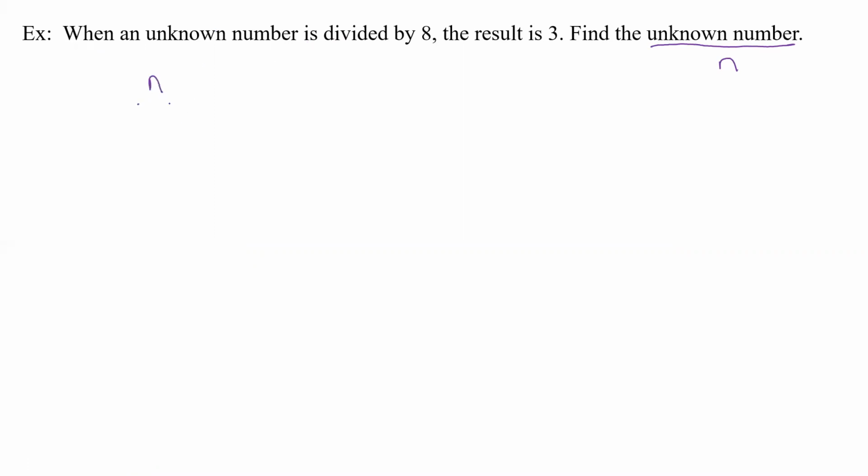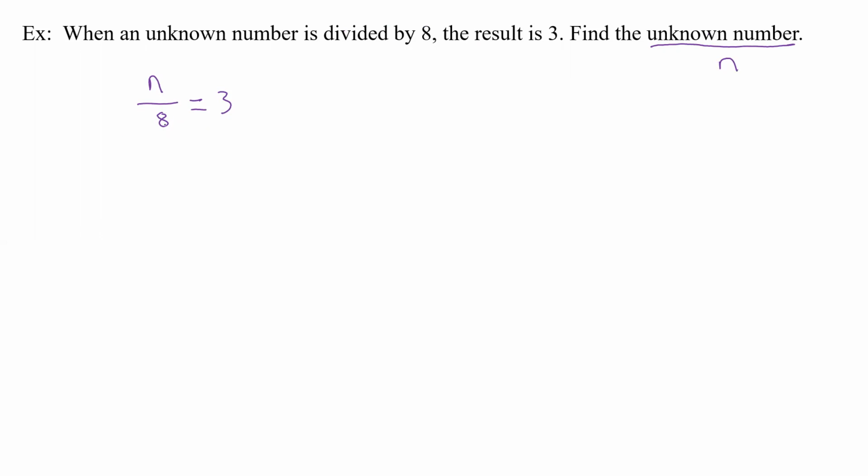So n divided by 8. The result is, and the result is what? Well, that's just equal to 3. Okay, so we've written our equation from the words given and coming up with our own definition of what the variable is. The variable n is equal to the unknown number.